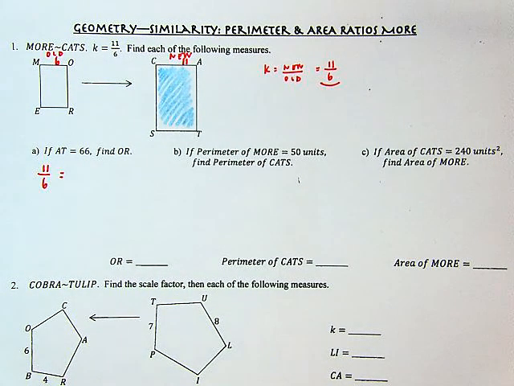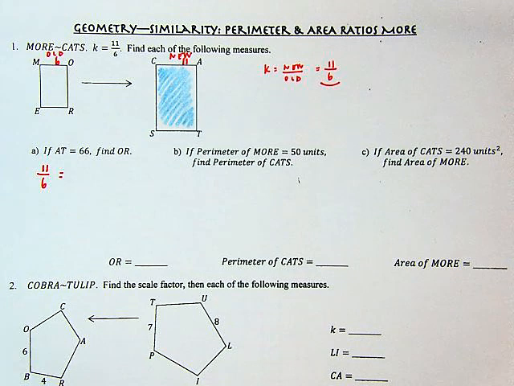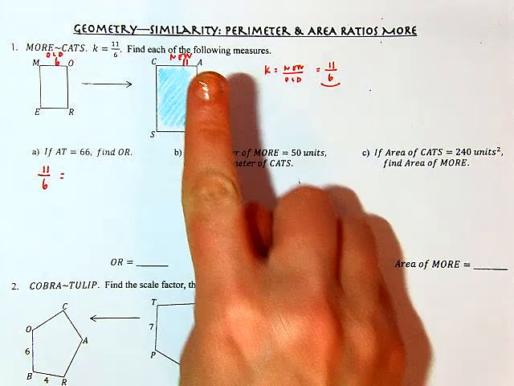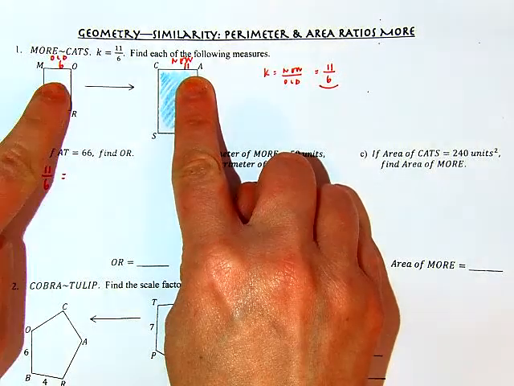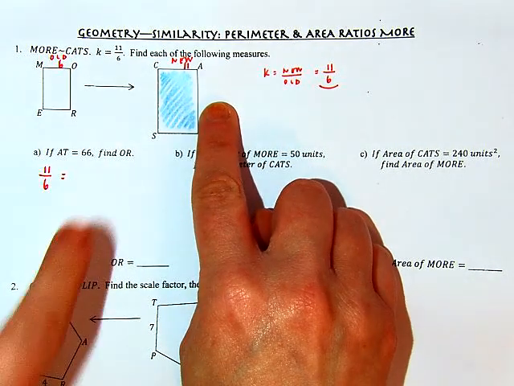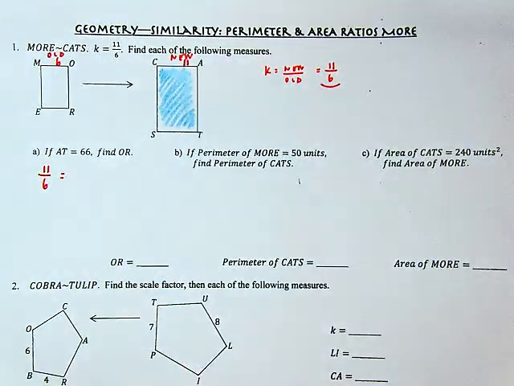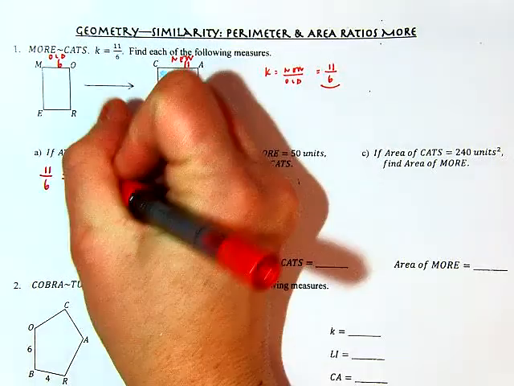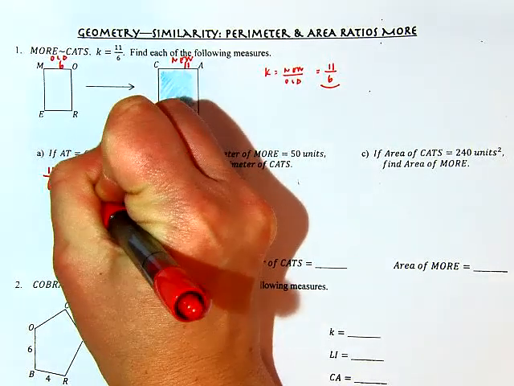I'm going to always read it from left to right or right to left. I want to be consistent. So I'm told that my ratio is 11 to 6, just as if AT is 66, that would be to X. So I'm going to write it as 11 to 6 equals 66 to X.